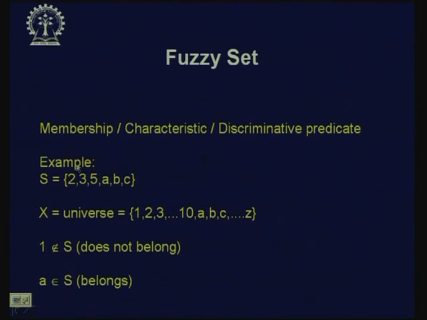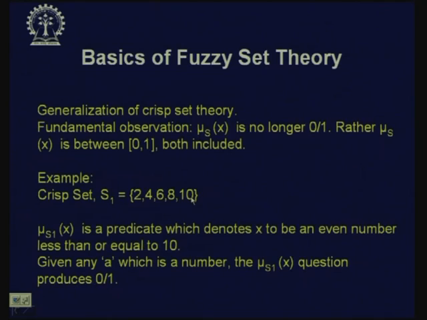Now, 1 belongs to S, 1 does not belong to S, A belongs to S. So, that is a crisp set, but if we try to generalize it, in the crisp set the membership is either 1 or 0, but in the case of a fuzzy set, the membership of an element x in a set S is no longer 0 or 1, rather mu_S(x) is between 0 and 1, both included.